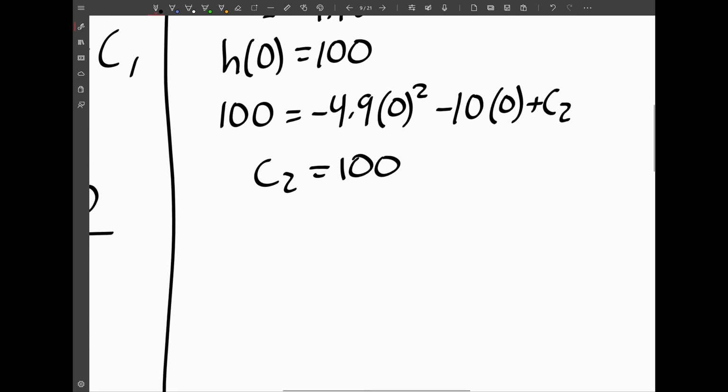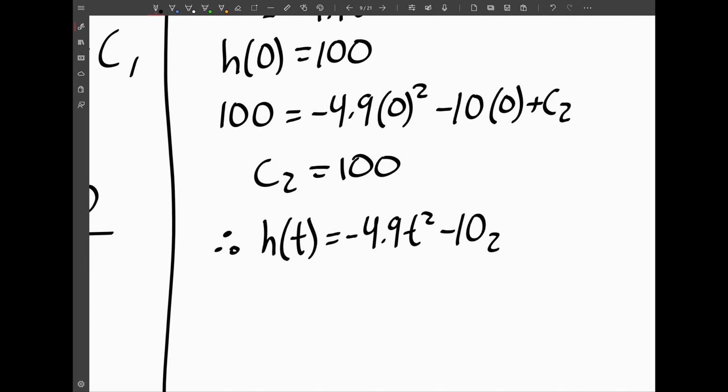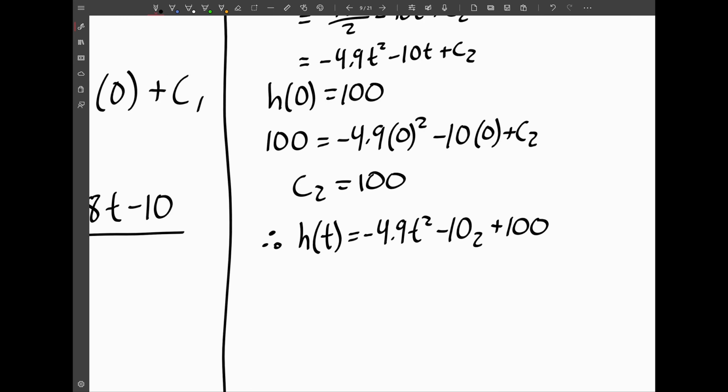Hooray for easy math, which gives us our h of t: negative 4.9 t squared, minus 10t, plus 100. Beautiful. Which also, if you think about it as an equation, makes a lot of sense. That's going to be our y-intercept, so clearly the constant had to be 100 since this is a quadratic.